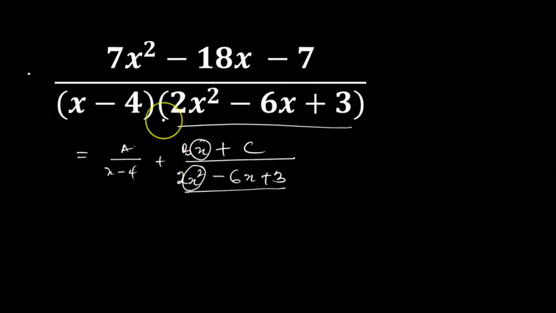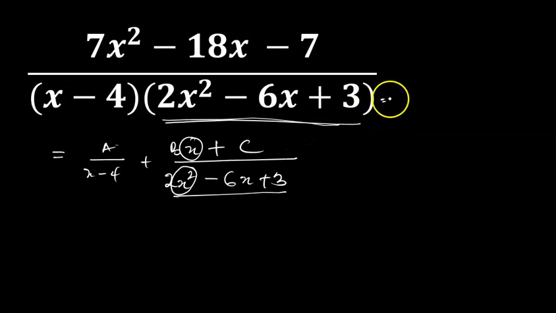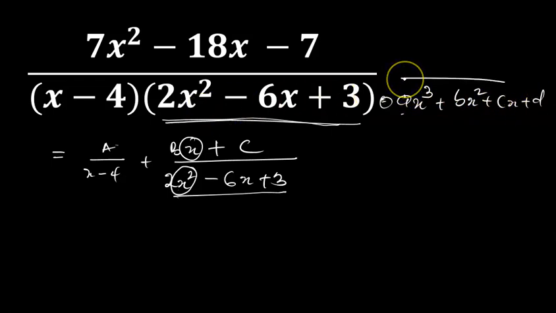Will be x. If this expression was to be a polynomial of the form ax raised to power 3 plus bx raised to power 2 plus cx plus d, my numerator would have been of the form ex raised to power 2 plus fx plus g.